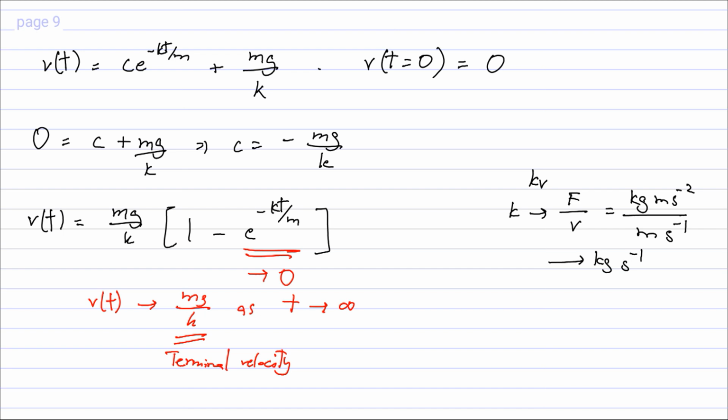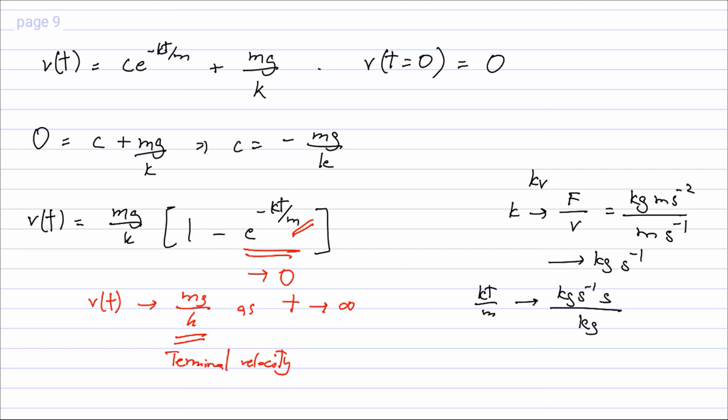And so if you look at the exponent over here, this exponent, of course, has to be dimensionless. So let's check the dimensions for this now. For kt over m, the dimension of this is kg per second times second divided by kg, because m is mass.